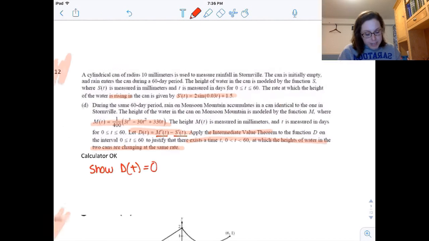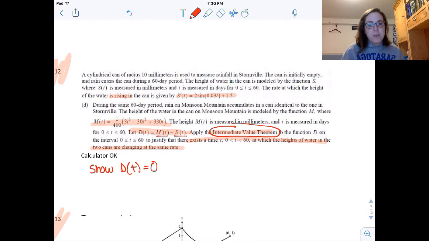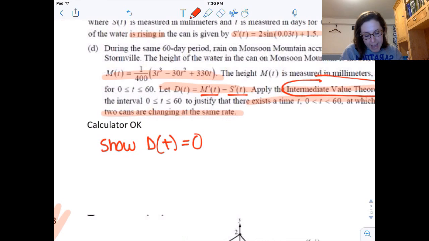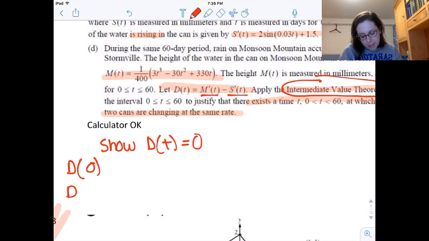And as soon as I see IVT, I think, okay, I'm going to use D of t. I need to figure out these values. I need to sandwich this between two things. So I'm going to look at D of 0. I'm going to look at D of 60. For the sake of time and the fact that you could just plug these in your calculator to find them out, I'm going to tell you that that one is negative and that one is positive.